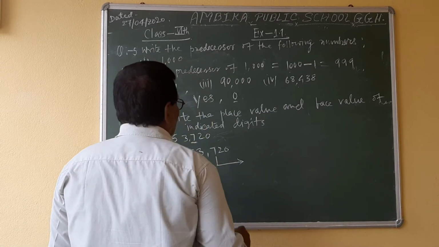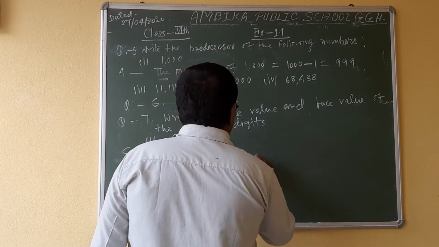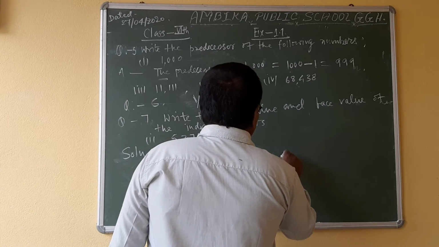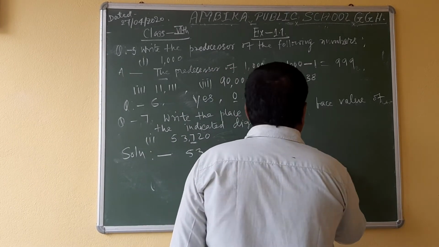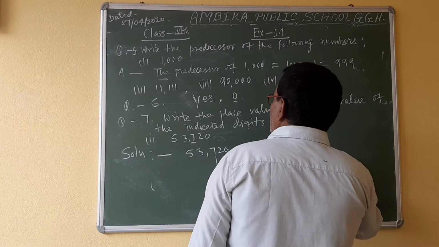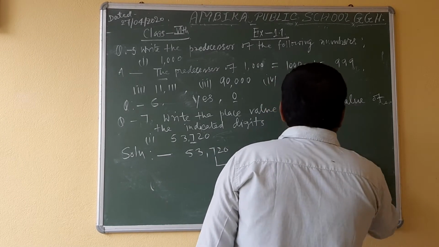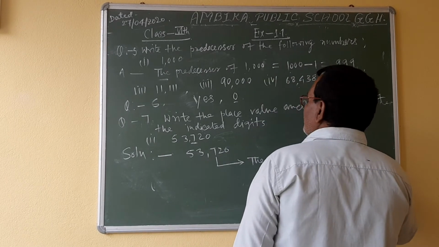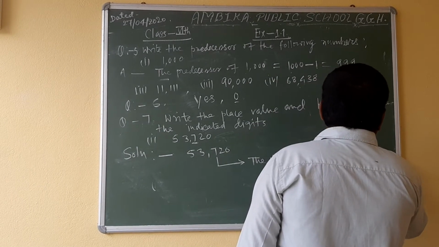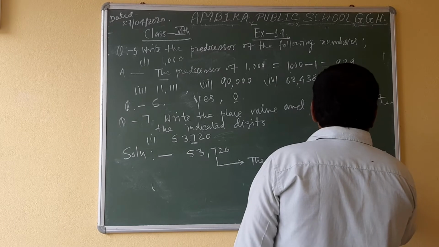The place value of 7 is equal to 7 into 100, बराबर 700.